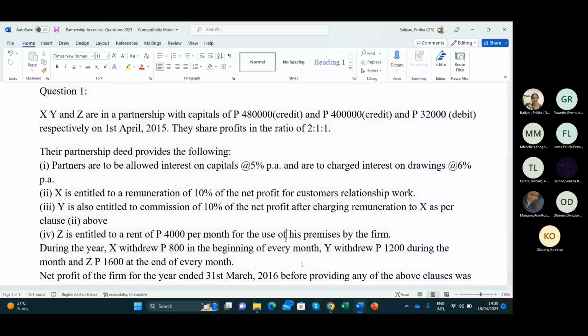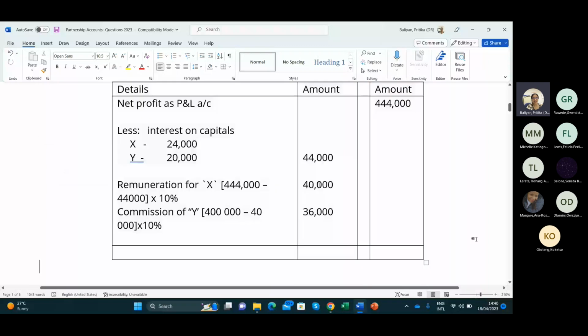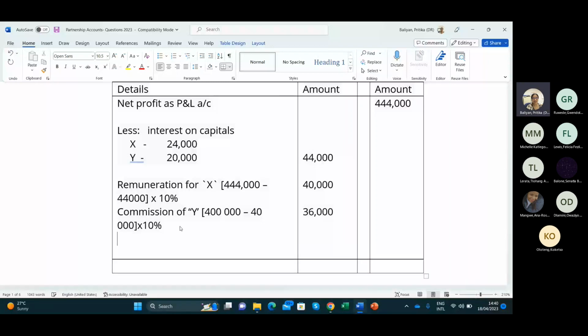So first of all, we will deduct all this amount from the net profit and see how much the remaining is left over. The profit to be transferred.